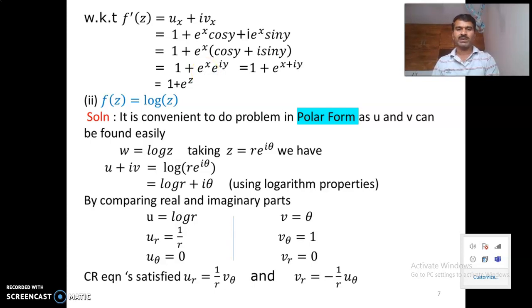Since x plus iy is z, this is e power z, and then the derivative of z gives 1, so f dash of z equals 1 plus e power z.